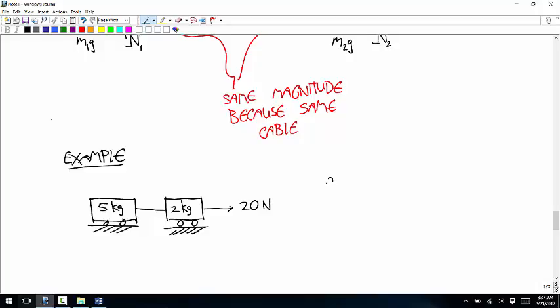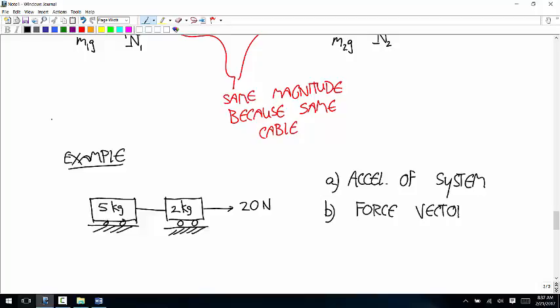And we want to calculate first the acceleration of the system. And second, the force vector the cable applies to the 5 kilogram cart.